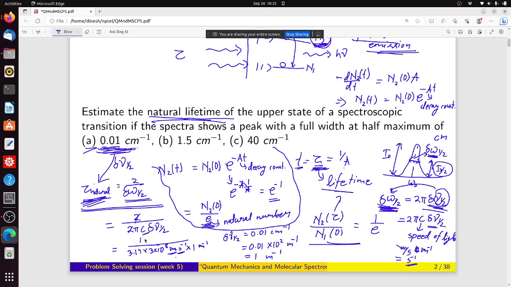Okay, so effectively I am getting this 1 over 5c, sorry, 1 over 5c delta nu half. Okay, so this will give me directly this natural lifetime. Is it okay?